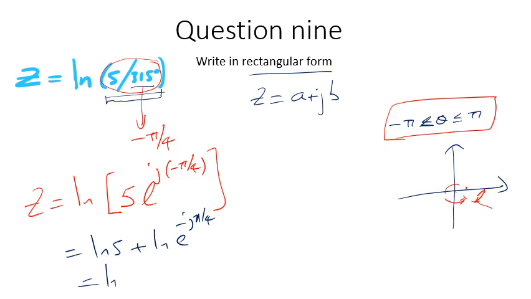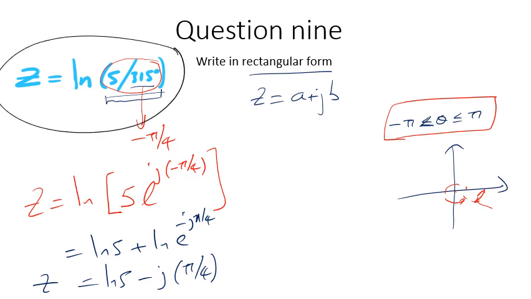Remember, ln of e to the something is that something, which is minus j pi by 4. So that is what z is equal to. So we have now written this original number in rectangular form, where a is ln 5 and b is minus pi by 4. Pretty straightforward, nothing difficult there.